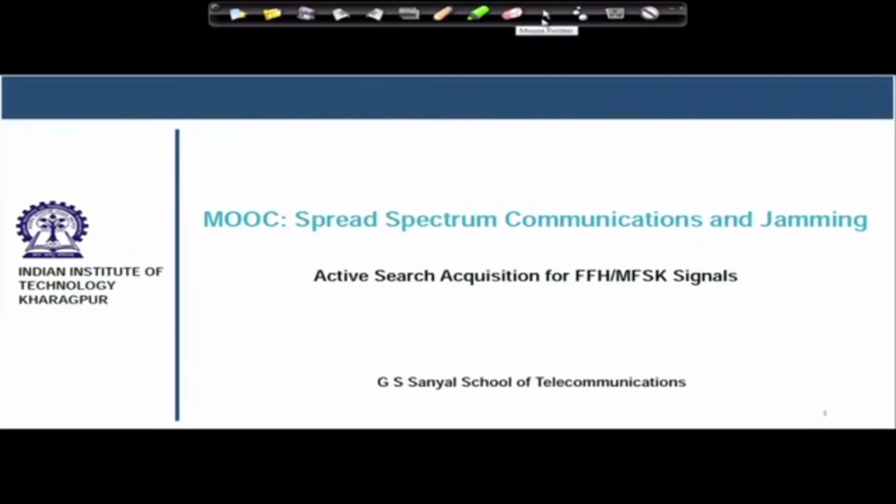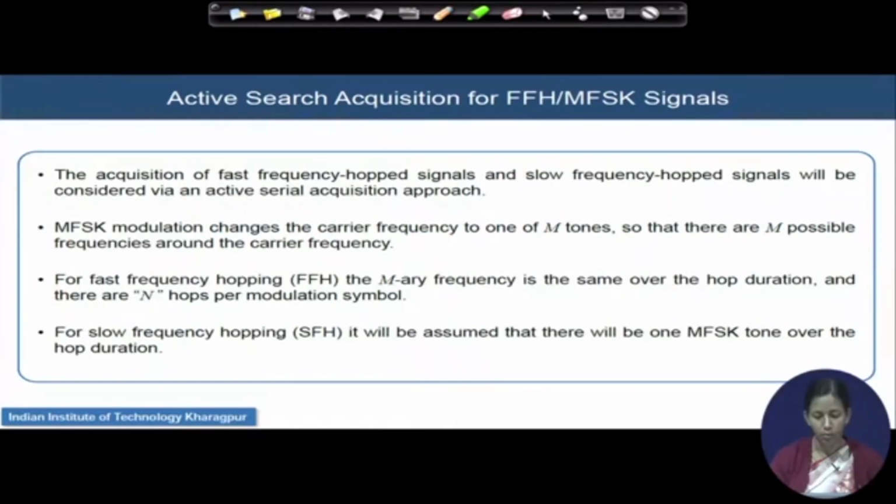We learned about the FFH MFSK signal and systems long back. So, we will quickly revisit how the system operates, and then we will enter into the search acquisition mechanism for this kind of system. So, let us start with a quick recap of this FFH MFSK signal.